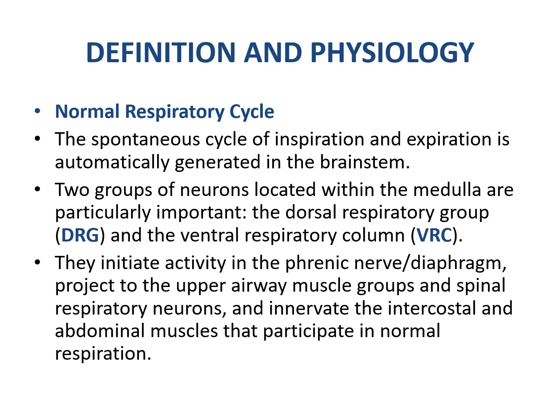The spontaneous cycle of inspiration and expiration is automatically generated in the brainstem. Two groups of neurons located within the medulla are particularly important: the dorsal respiratory group and the ventral respiratory column. They initiate activity in the phrenic nerve, project to the upper airway muscle groups and spinal respiratory neurons, and innervate the intercostal and abdominal muscles that participate in normal respiration.